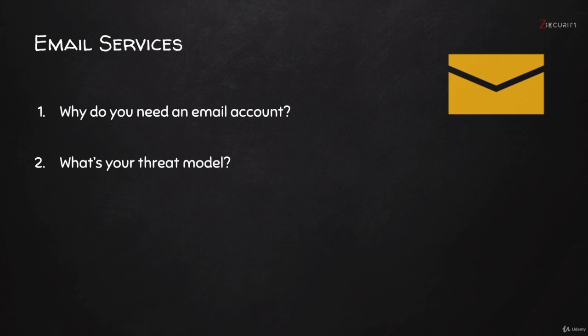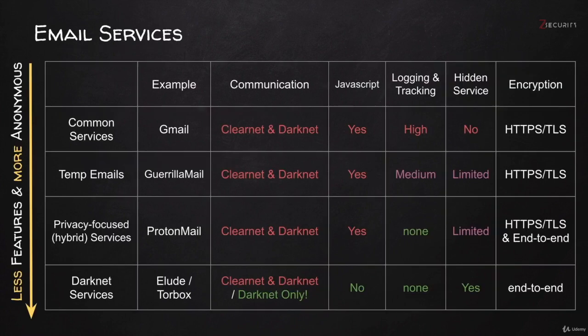Keeping that in mind, and in order to revise and make it easier for you to pick a good email provider based on your scenario, I made this simple table that summarizes everything we talked about so far. Now, the main thing you keep in mind is, as we go down in this table, the provider type will be more private, more secure, and therefore more anonymous, but it will have less features. So like I said, it all comes down to what you want to use it for and what's your threat model.